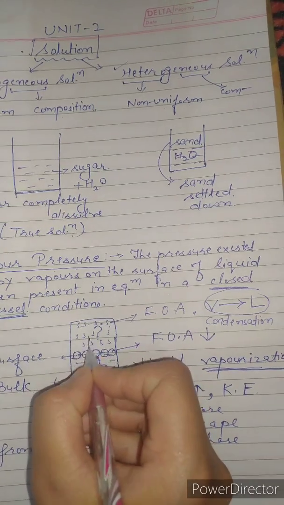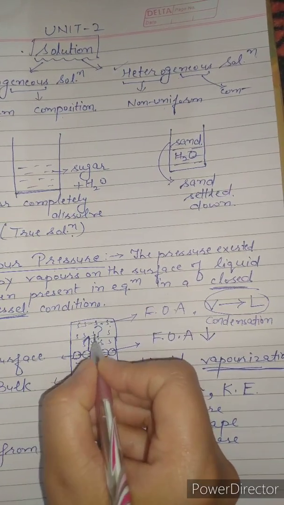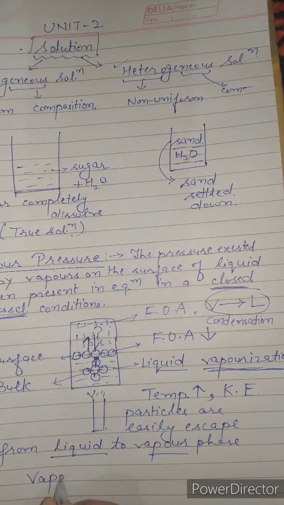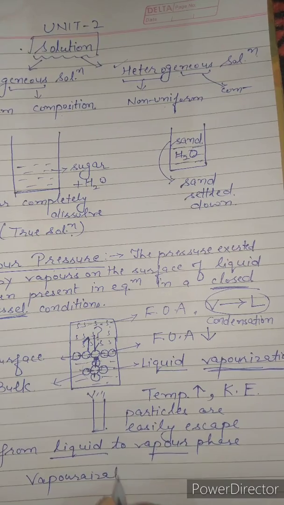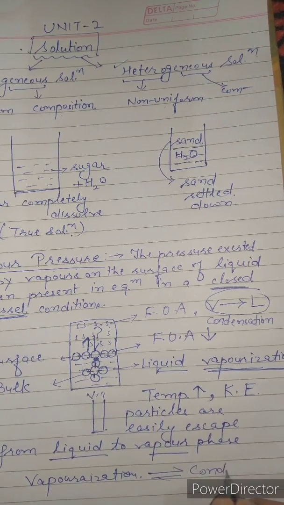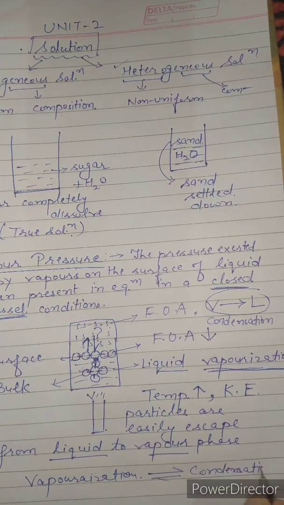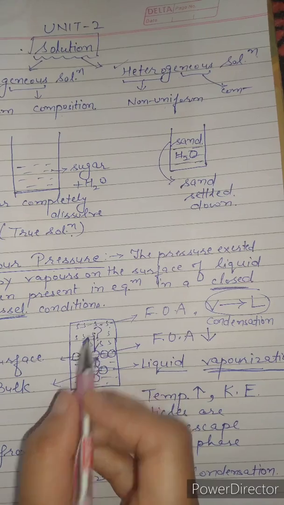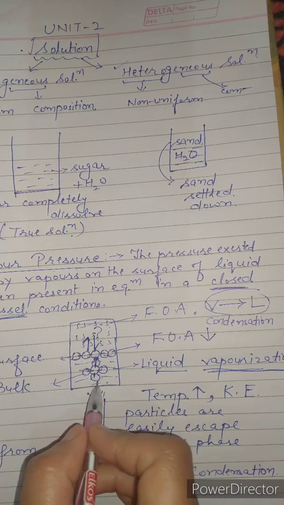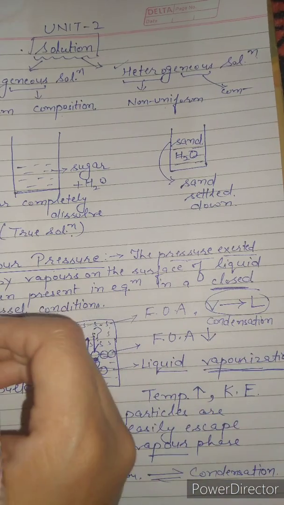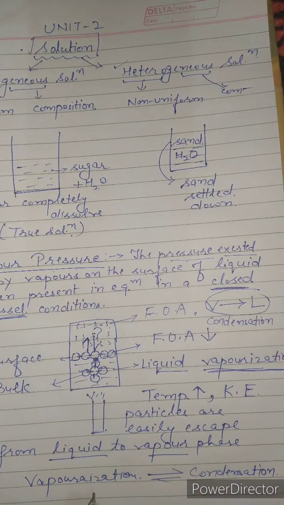It means in that closed vessel there is an equilibrium between vaporization and condensation. And when the vapors are present in equilibrium with liquid, they exert pressure, and that pressure is said to be the vapor pressure.